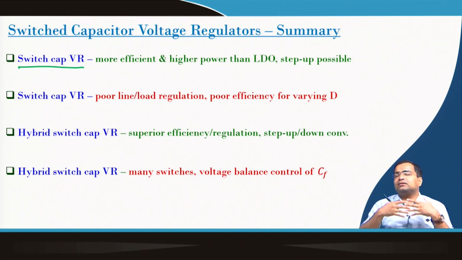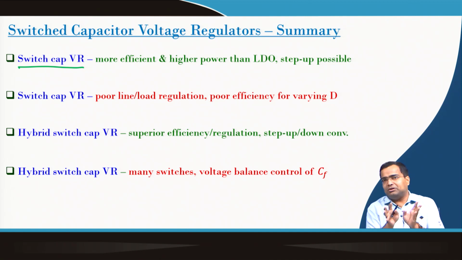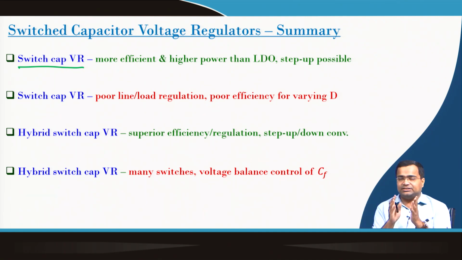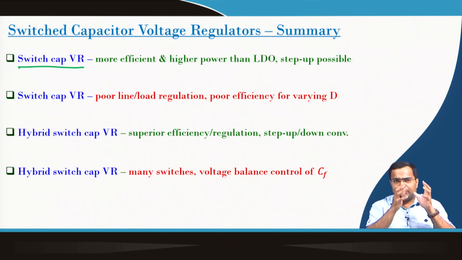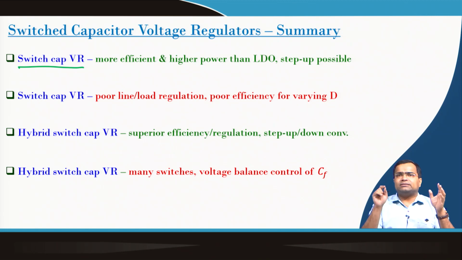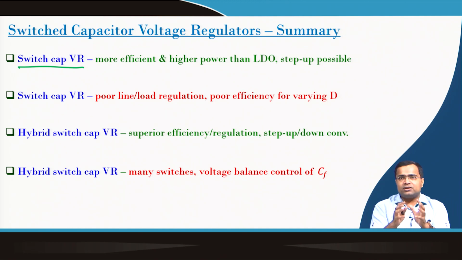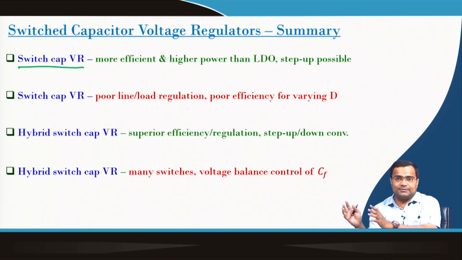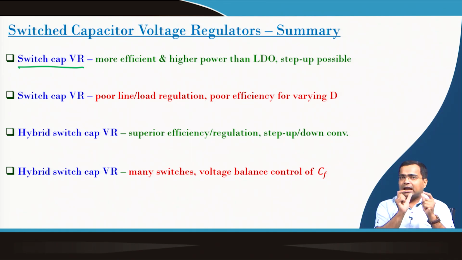It also requires that the flying capacitor voltage be maintained, because if the flying capacitor voltage deviates significantly, then a regulation problem occurs. We are just showing a single stage step down conversion, but if you use multiple such stages, that means multiple cells, say you want to achieve a voltage step down of 1/8, you can connect 1 by 2, 1 by 2, 1 by 2 in cascade, and then it is very important to maintain the voltage balance across the flying capacitor.